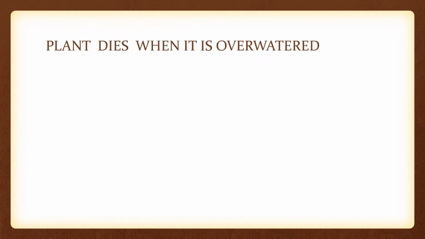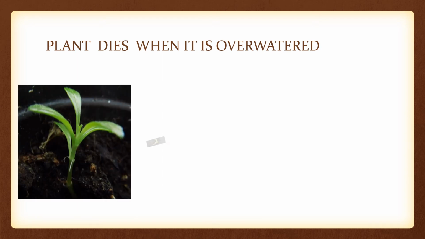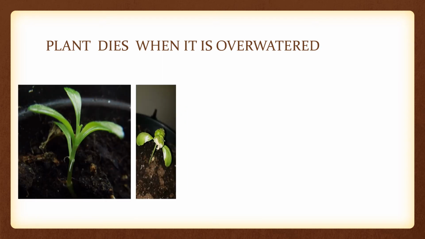Now, see the next slide. You must have observed that a potted plant which is overwatered, after a few days, starts turning yellow in color and slowly it dies. What is the reason for that? When a plant is overwatered, it dies after a few days.